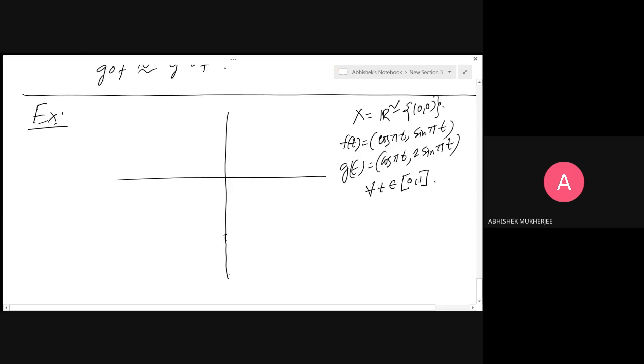That is, we are considering one semicircle and another one will be, this is 1 and this is 2. So one is F and another one is G.